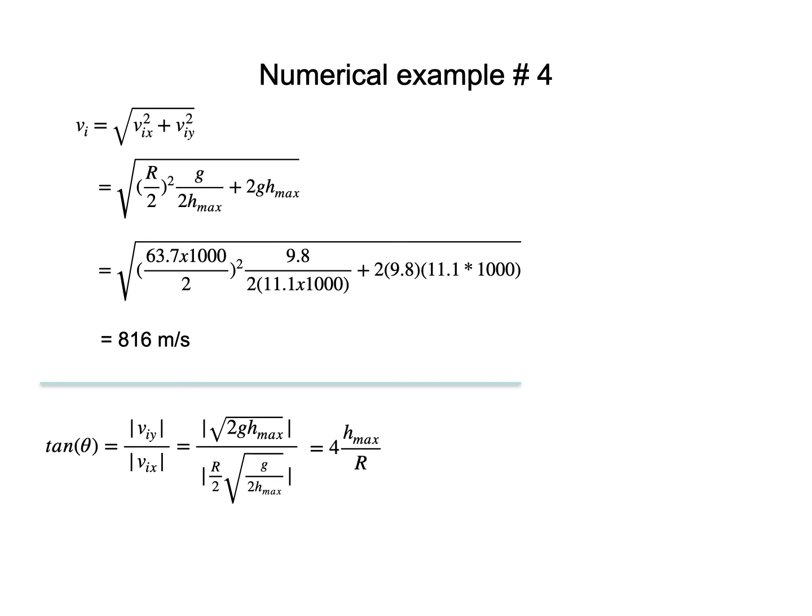Isolating for theta gives this, and substituting the numerical values gives this. Since this equation does not involve g, there is no need to convert kilometers to meters, as long as h max and r are using the same measurement units. The use of a calculator leads to this answer. All that is left is to summarize our final answer.